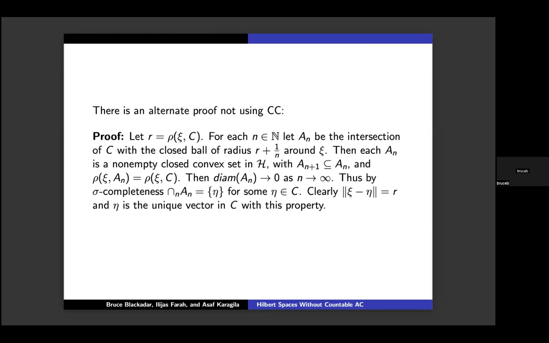So you get a decreasing sequence of closed convex subsets in H. The same lemma about uniform convexity shows that the diameters of these A_n go to zero. And so by sigma completeness, the intersection is a singleton, which is your closest vector. And this proof, by the way, works equally well in any uniformly convex Banach space, as long as you take sigma completeness as part of your definition of Banach space.